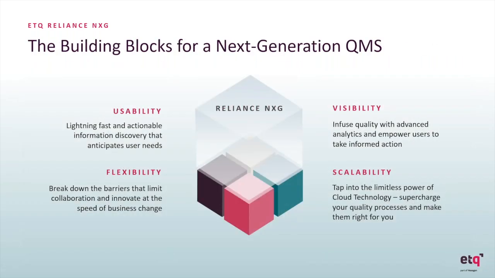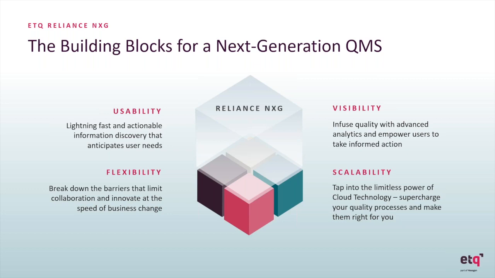As we continue to develop our system, our NXG, our next generation QMS, as I mentioned a few moments ago, we focus on these 4 pillars. Usability, we're always looking to make the systems easier to use, require less effort to get from one thing to another. The user interface, user experience is designed specifically for that. We've already talked about flexibility, the agility to configure the system to meet your own business process requirements.